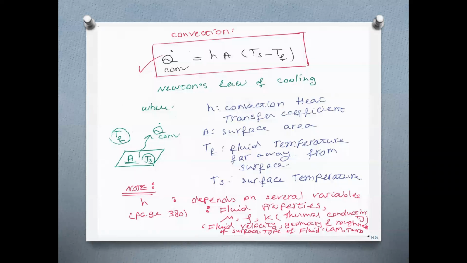So there are three types of convection: forced convection, natural convection, and forced convection can be grouped into external forced convection and internal forced convection. If you assume that this is the surface of the solid, which is in contact with fluid, and the surface has a temperature of Ts, S for surface, and has an area A, and the temperature of the solid is higher than temperature of the fluid, Tf, it can be the other way too, just change the direction of heat transfer.